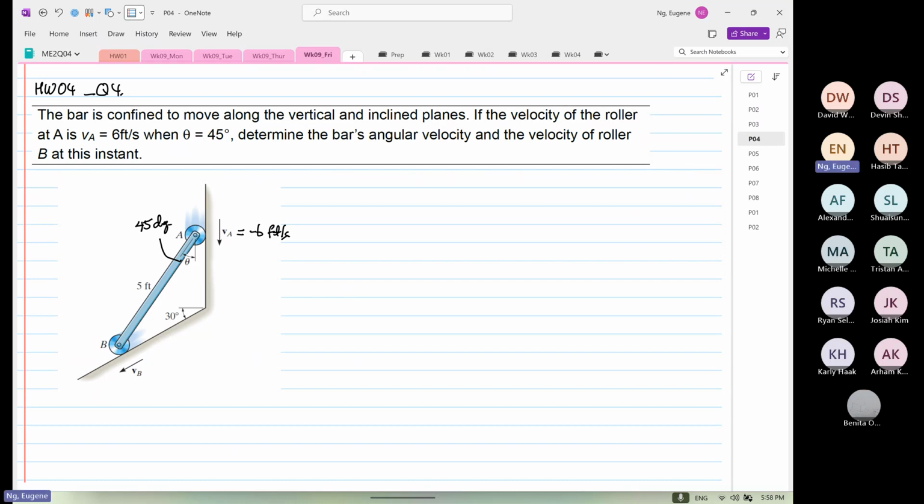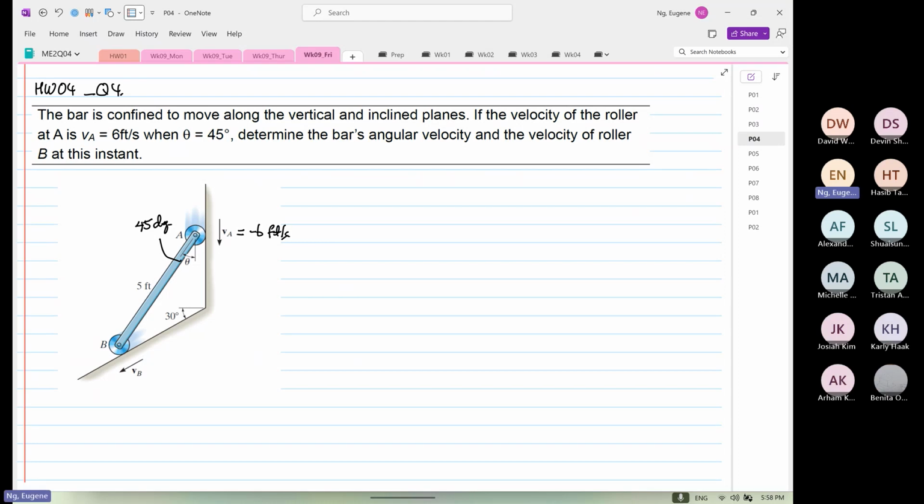Determine the angular velocity and the velocity of the roller. So because it's going down, we have to determine what is our omega AB. And we also have to determine what is our VB.